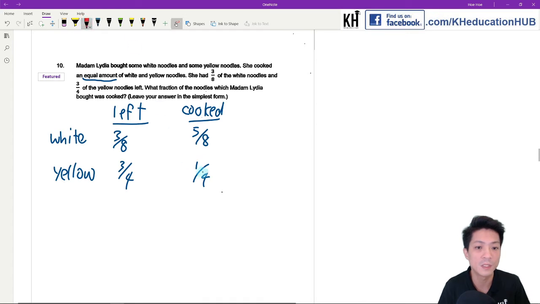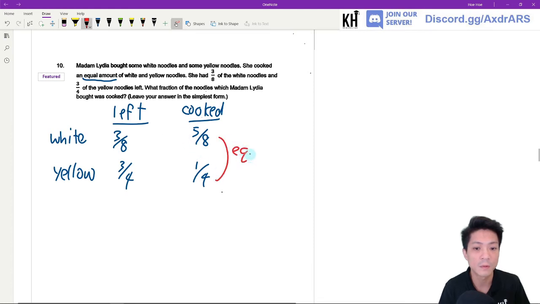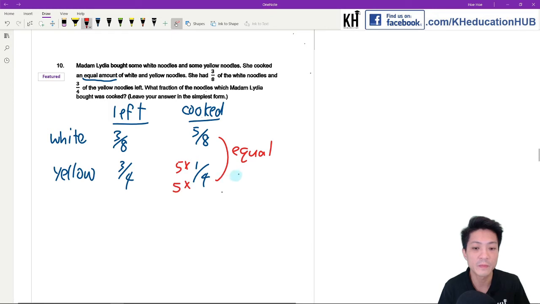Remember this is supposed to be equal. You remember this technique when they say that something should be equal: we make the numerator the same. In this case, I need to times the 1/4 by 5 on top and bottom, which gives me 5/20.